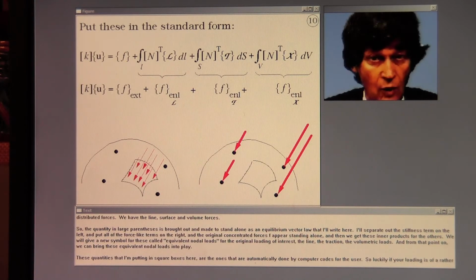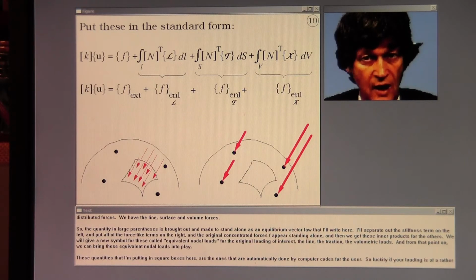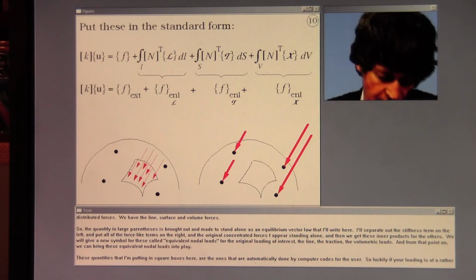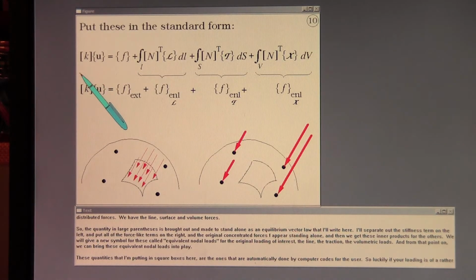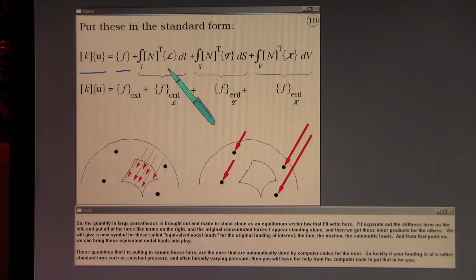So the quantity in large parentheses is brought out and made to stand alone as an equilibrium vector law that I'll write here. I'll separate out the stiffness term on the left and put all of the force-like terms on the right. And the original concentrated forces F appear standing alone, and then we get these inner products for the others.